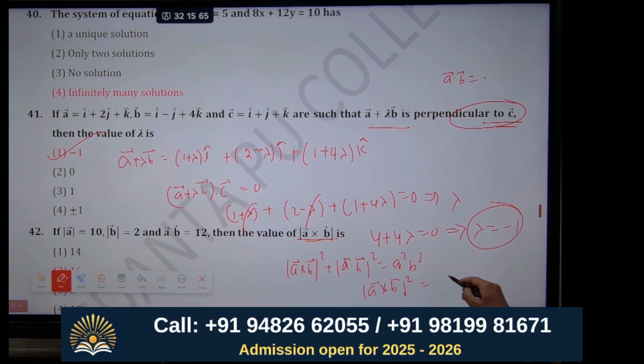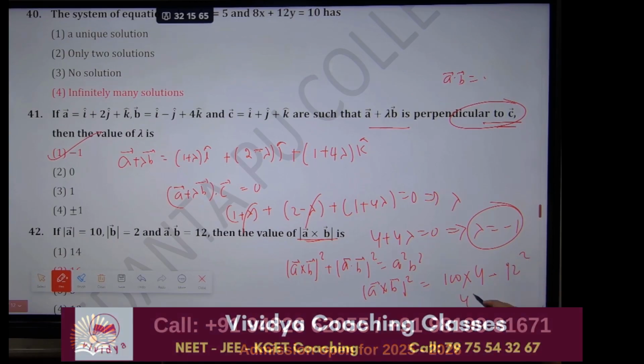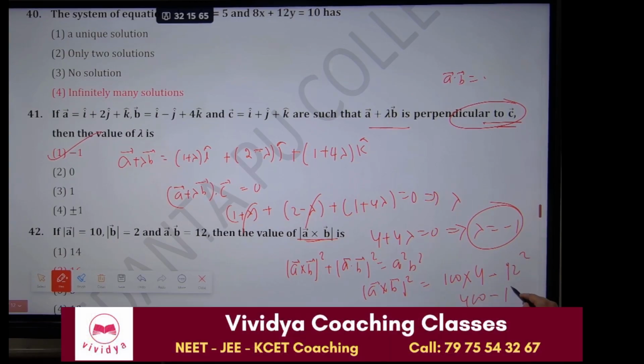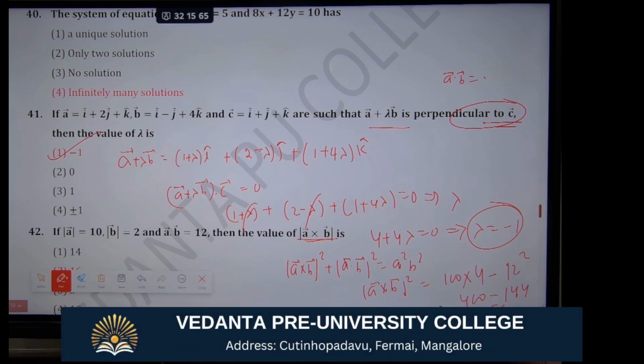A is given 10, so A square is 100. B square is 4, minus A dot B whole square, 12 square is 144. So 400 minus 144. So this will give 256. So A cross B whole square is 256.